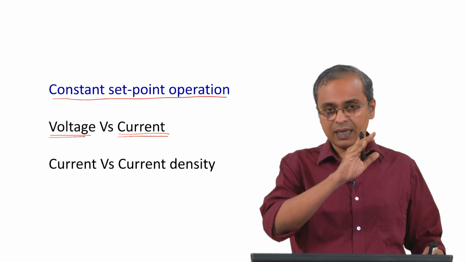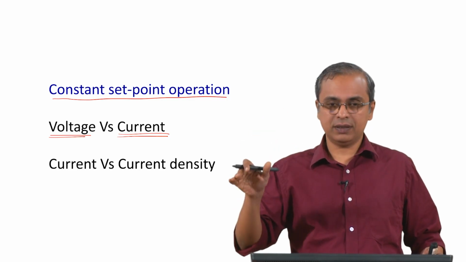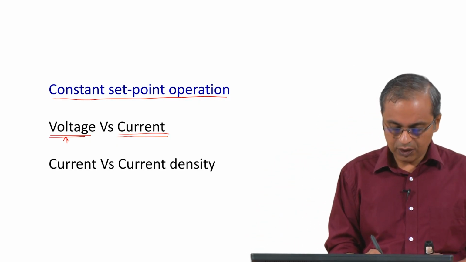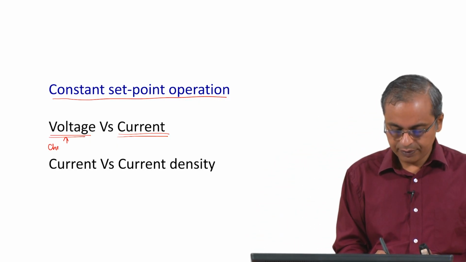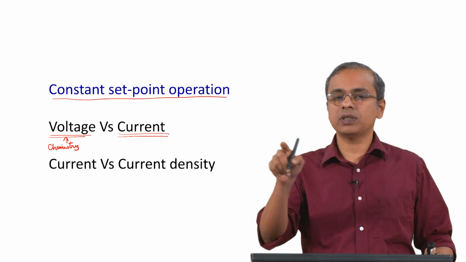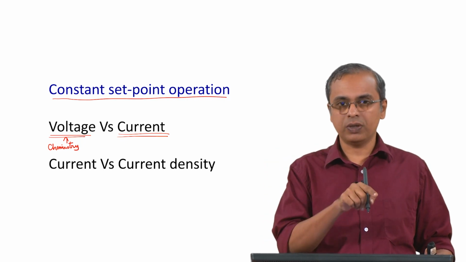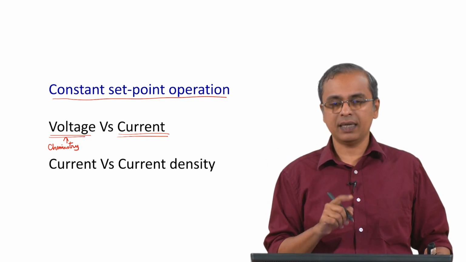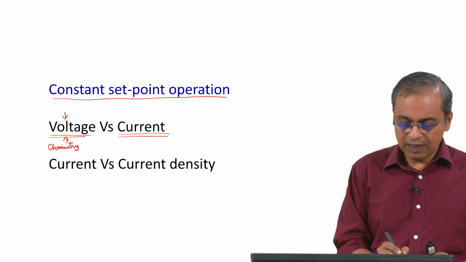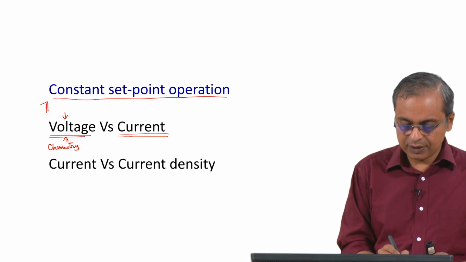That choice of reactants and products decides the voltage. So this is due to the chemistry involved, and therefore this is of relevance from the perspective of thermodynamics.